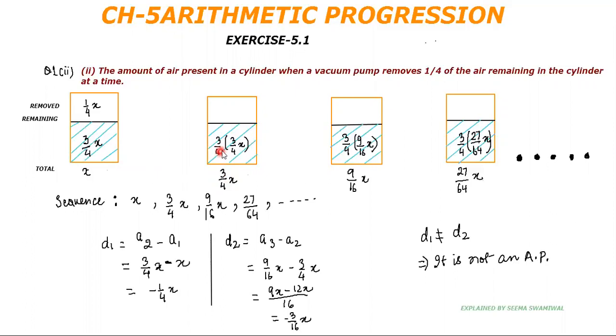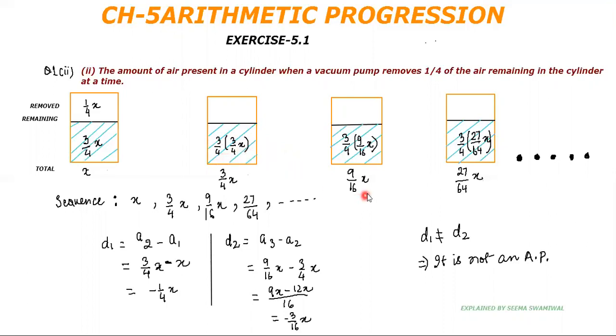And the remaining will be, if it was X, then the remaining is 3/4 of X. So if 3/4 X is present, the remaining would be 3/4 of the gas present, that is 3/4 of 3/4 X. Now next time, 9/16 X is the remaining air.